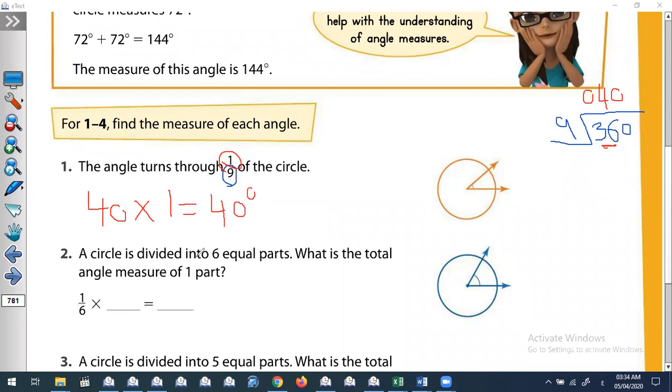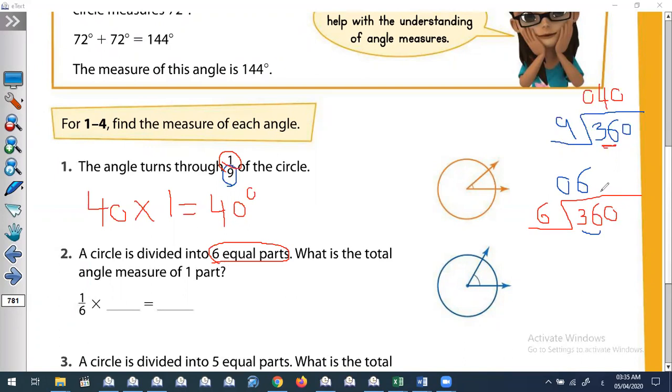A circle is divided into 6 equal parts. So we need to divide 360 by 6 as usual. 360 divided by 6. Can we divide 3 by 6? No. Put 0, take another digit. 36 divided by 6 is 6 because I can find it directly.